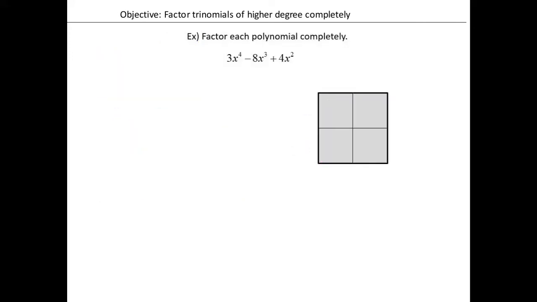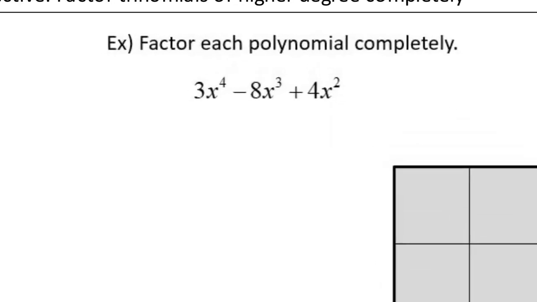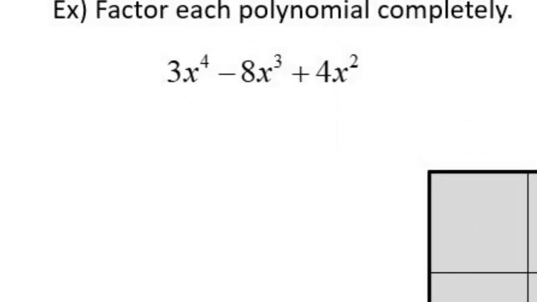Let's go ahead and try another example together. Go ahead and copy this one. 3x to the 4th minus 8x cubed plus 4x squared. All right, so for this one, what is our GCF here? What can I divide all three of those by? 3 doesn't go into 8, so I can't divide by a constant, but they all have an x squared in common, right?